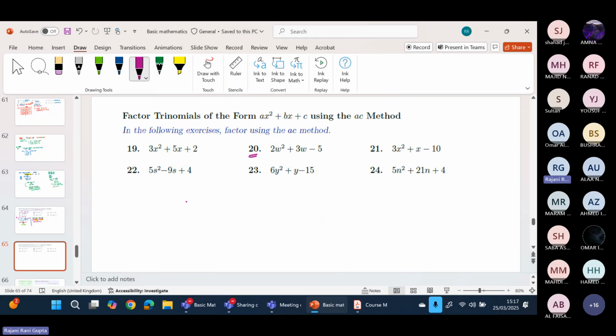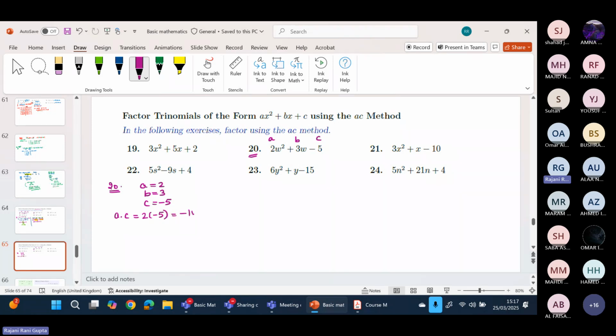Say, let's do question number 20. This is your A, this is B, this is C. Question 20. A is 2, B is 3, C is -5. You have to find A multiply C. That is 2 multiply -5.